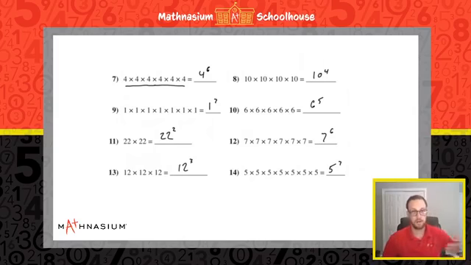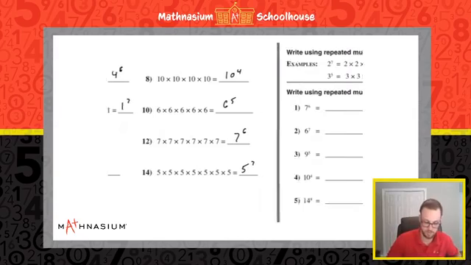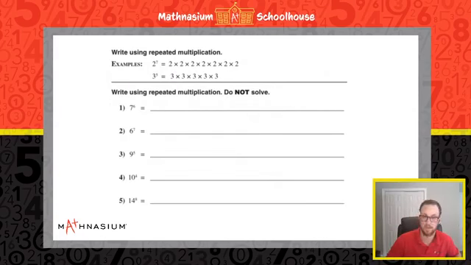So now we have some practice writing our exponents. Let's start to look at writing them the other way. We're going to write an exponent as repeated multiplication. This will help us move towards getting a numeric solution for these exponents. So number 1, I have 7 to the 6th power.